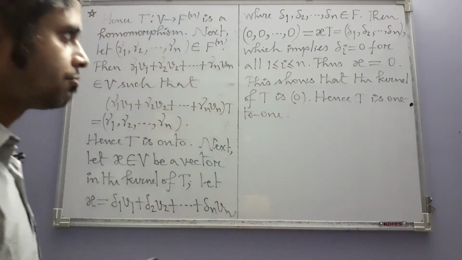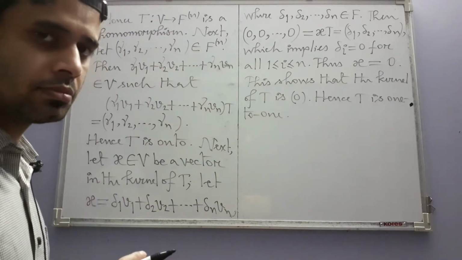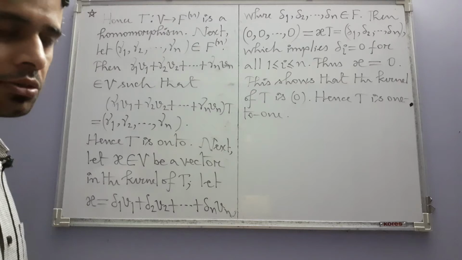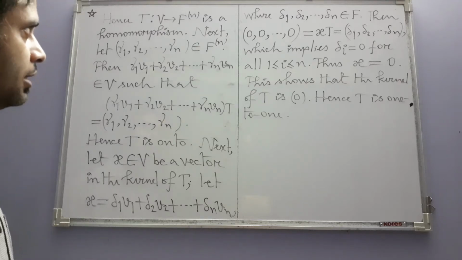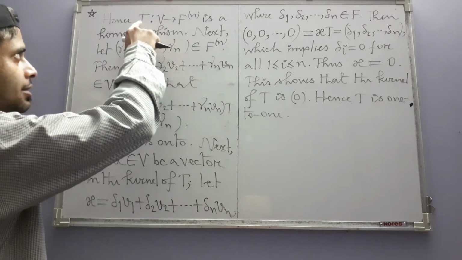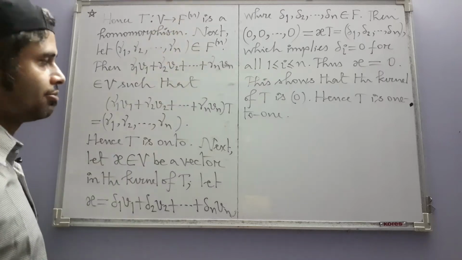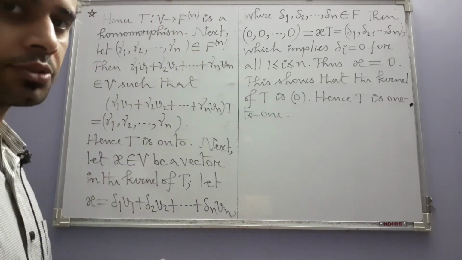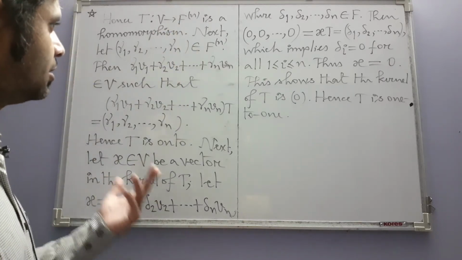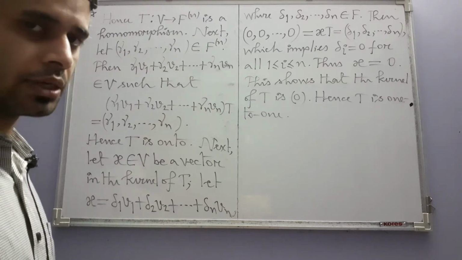So we have proved that T is a homomorphism, T is onto and T is 1 to 1, and that is why T gives you an isomorphism of V onto Fn, and thereby we have shown explicitly that V and Fn are isomorphic as vector spaces.